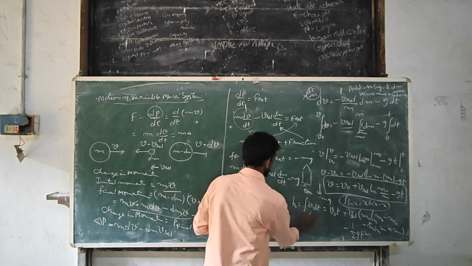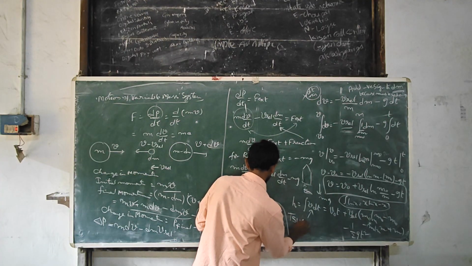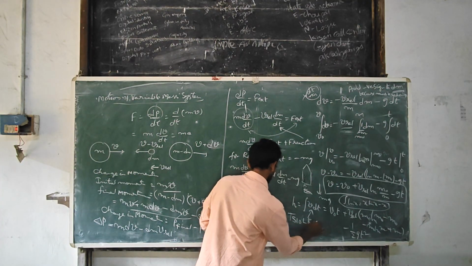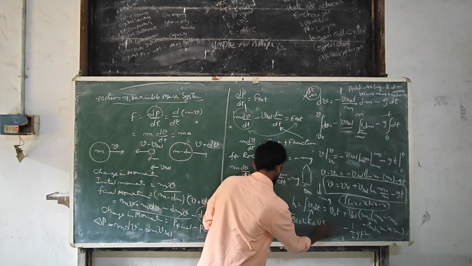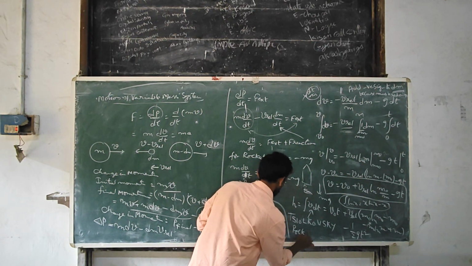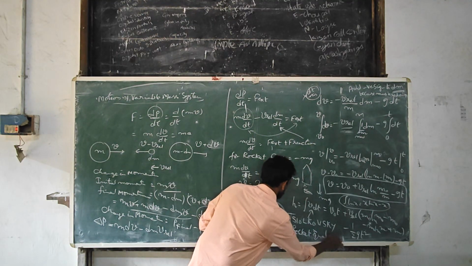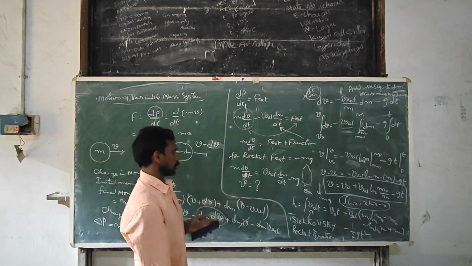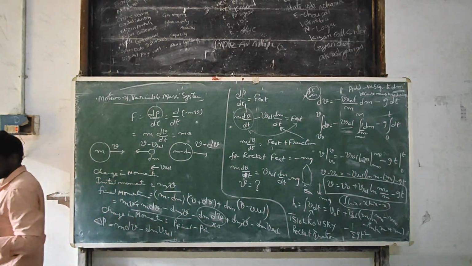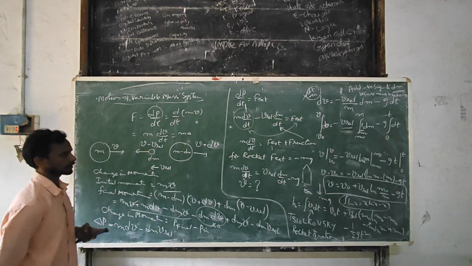And this equation is called the Tsiolkovsky rocket equation.